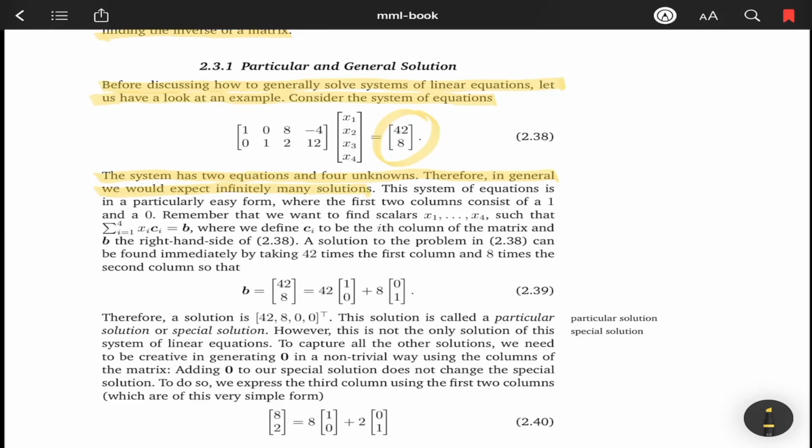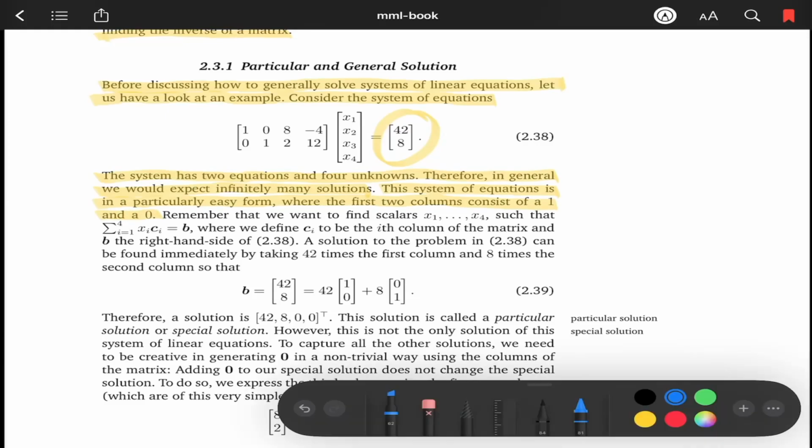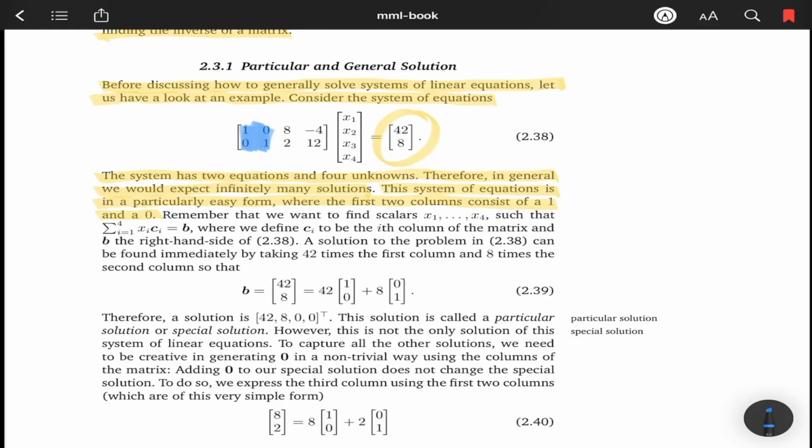solutions. This system of equations is in a particularly easy form where the first two columns consist of 1 and a 0. So that's what they say. The first two columns, they're only ones and zeros.